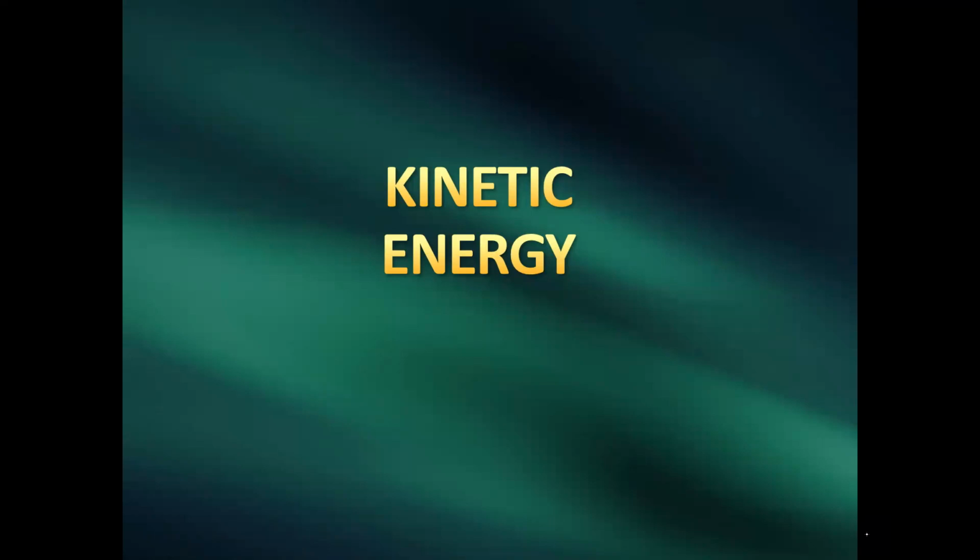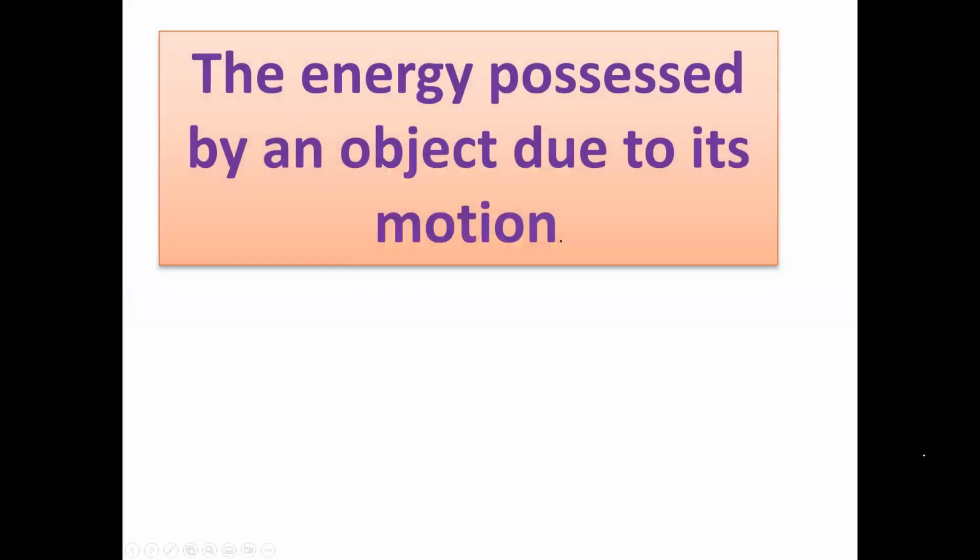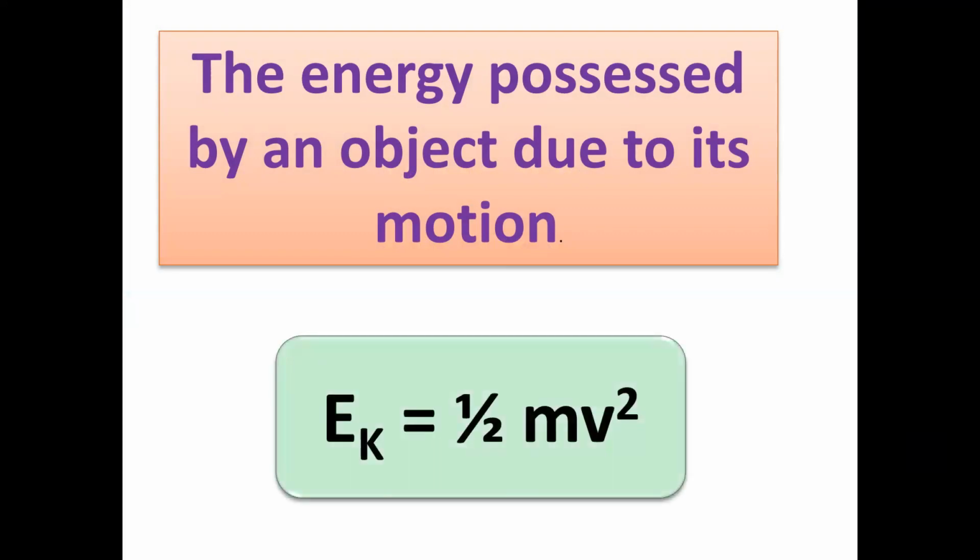Sir, kinetic energy is the energy that an object possesses when it is in motion, or the energy an object has because of its motion. Very good. It is the energy possessed by an object due to its motion. And the one-time memory formula: kinetic energy is half mv squared.